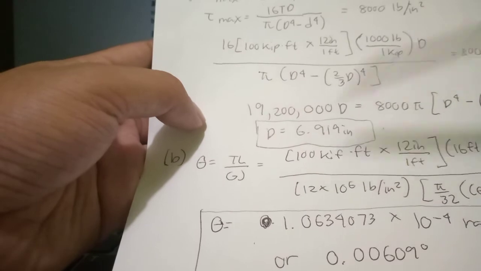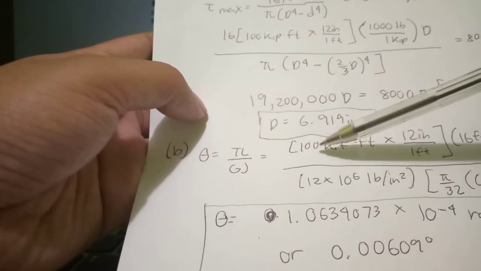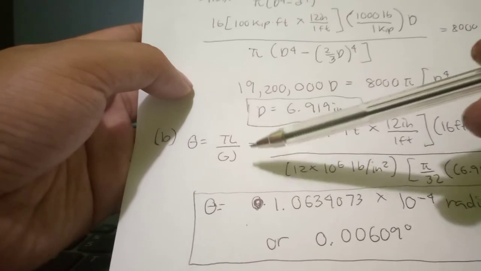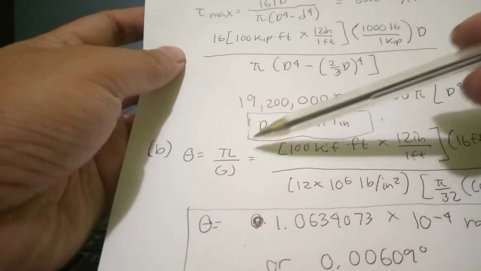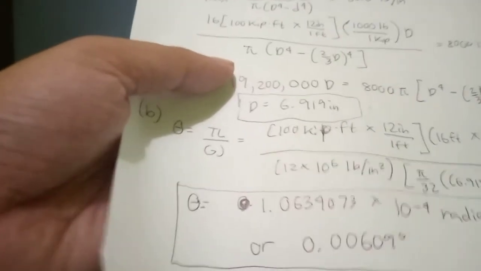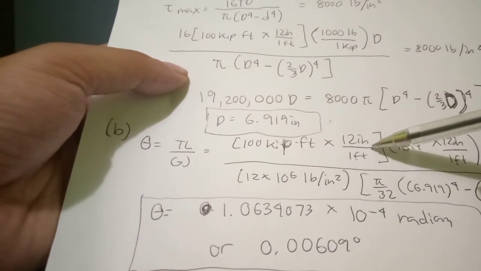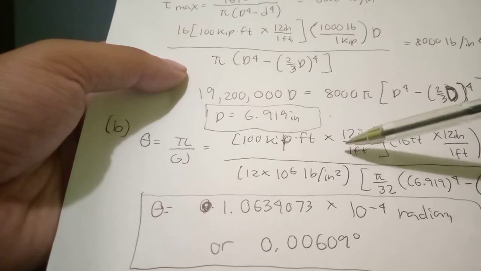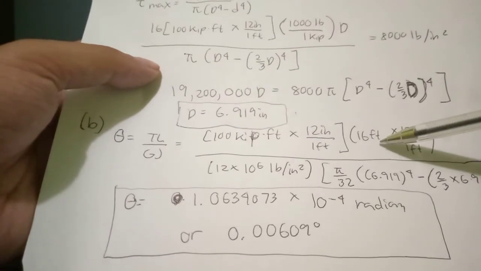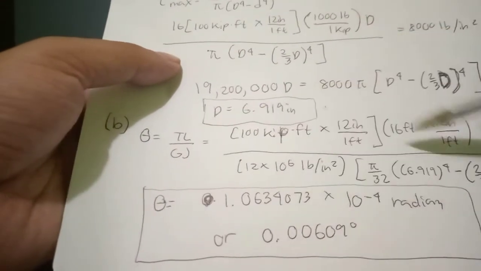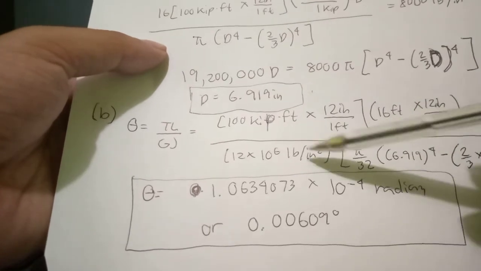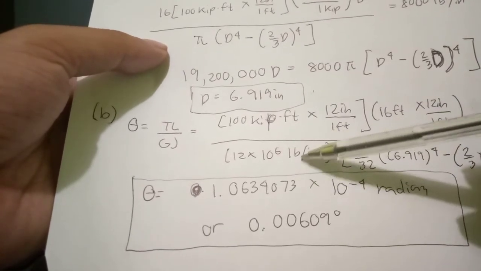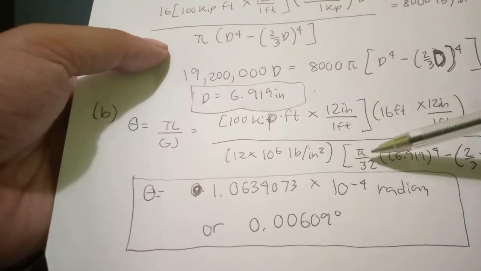And then for letter B, we try to solve for the angle of twist. Since all are given now, 100 kip-foot, I multiply it by 12 inch over 1 foot so it becomes kip-inch. And then I convert the length L into inches by multiplying 12 inch per 1 foot, then divided by 12 times 10 to the 6 psi, or pounds per square inch, then multiplied by pi over 32.